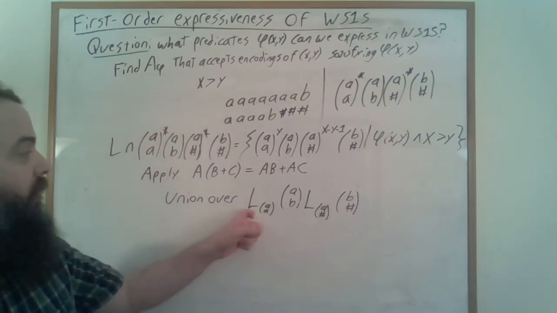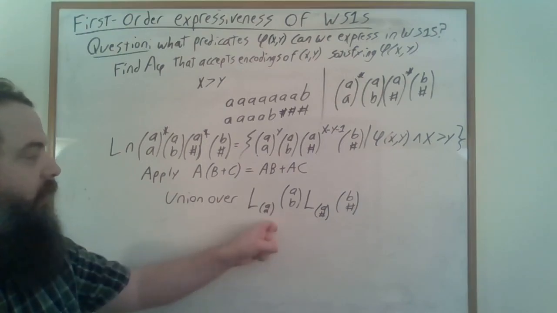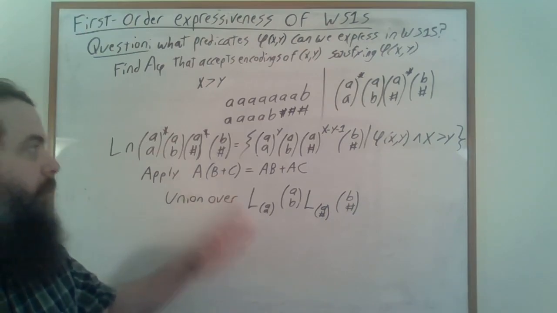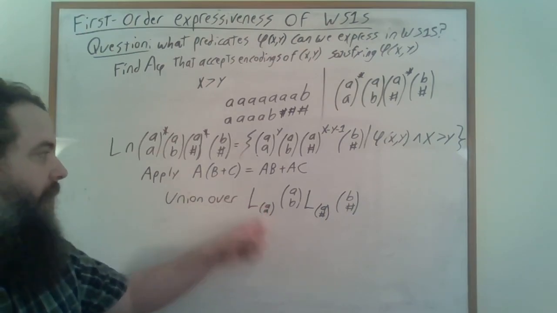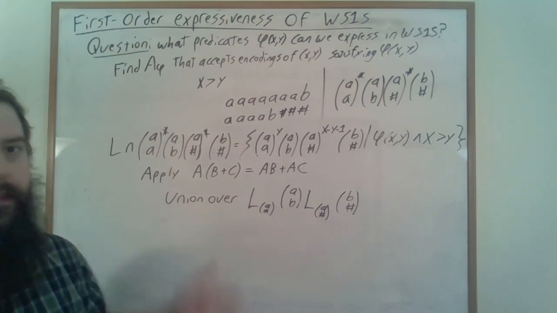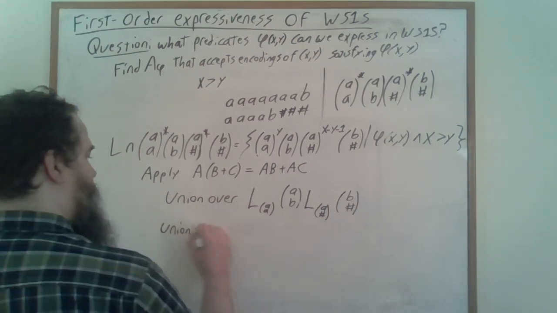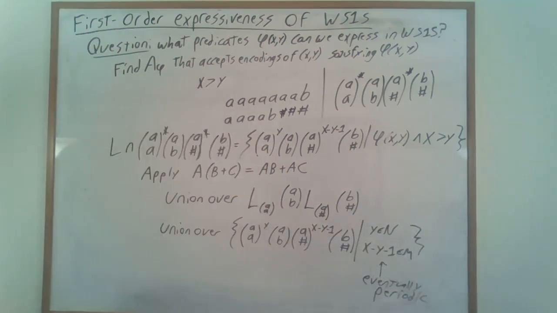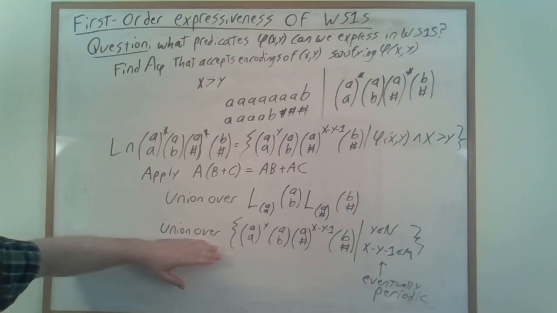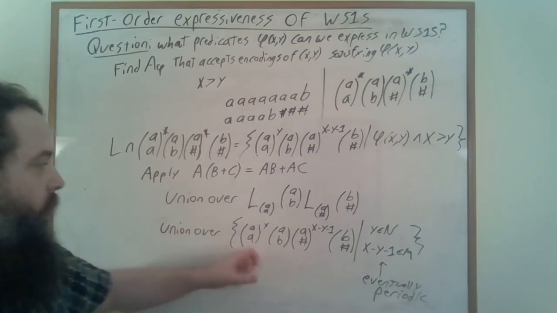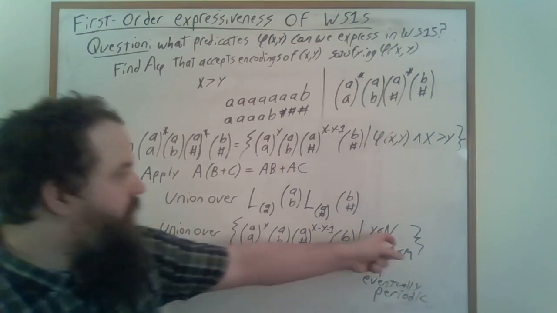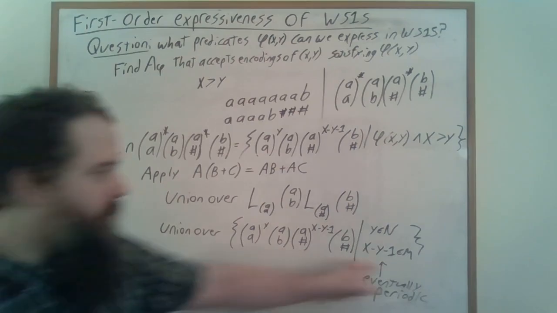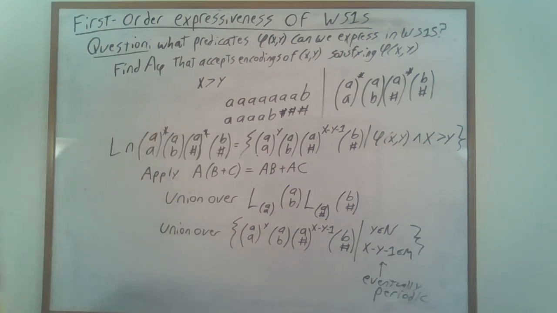And again, the question of what sorts of regular languages are there over a single character, we answered that before. It's just numbers of copies of that character that fall into some eventually periodic set. So in particular, we're going to be taking a union over regular languages of this form, where the number of AAs falls into one eventually periodic set, and the number of A octothorpes falls into another eventually periodic set.